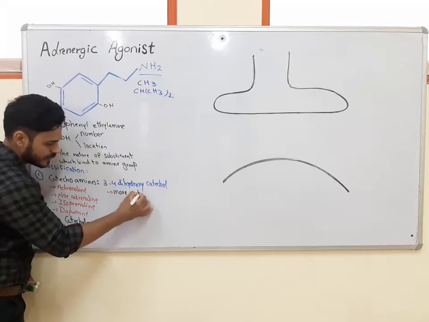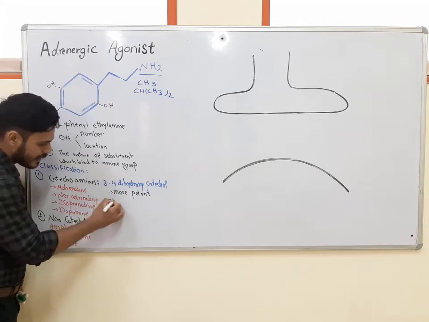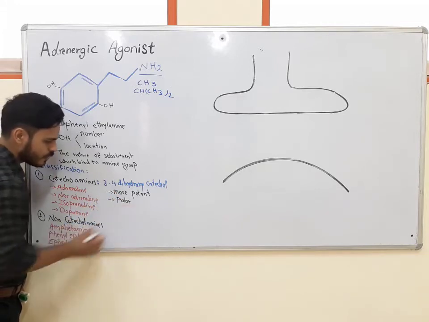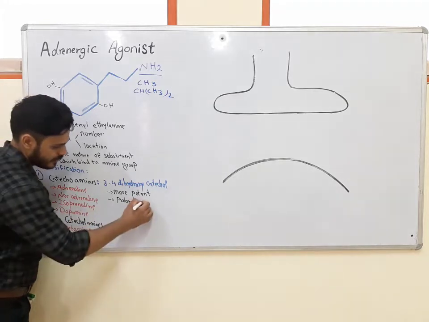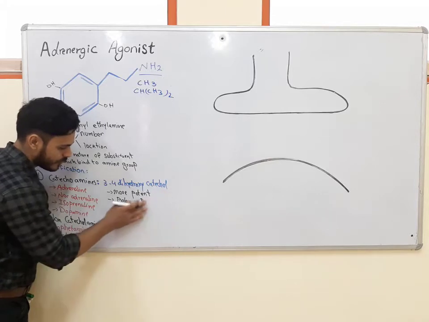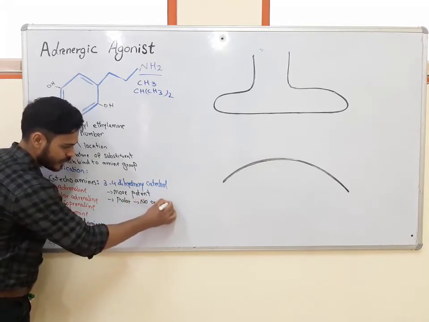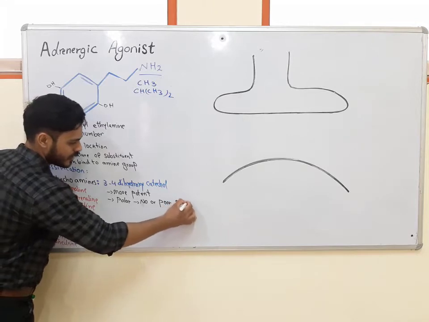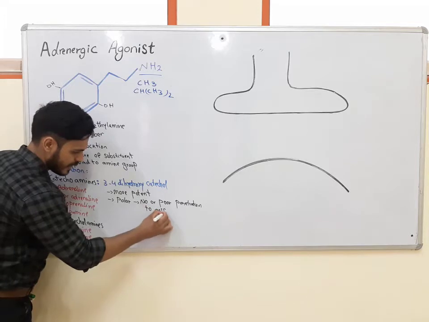The second characteristic is that they are polar, so they cannot cross the blood-brain barrier. They have poor penetration to the CNS.